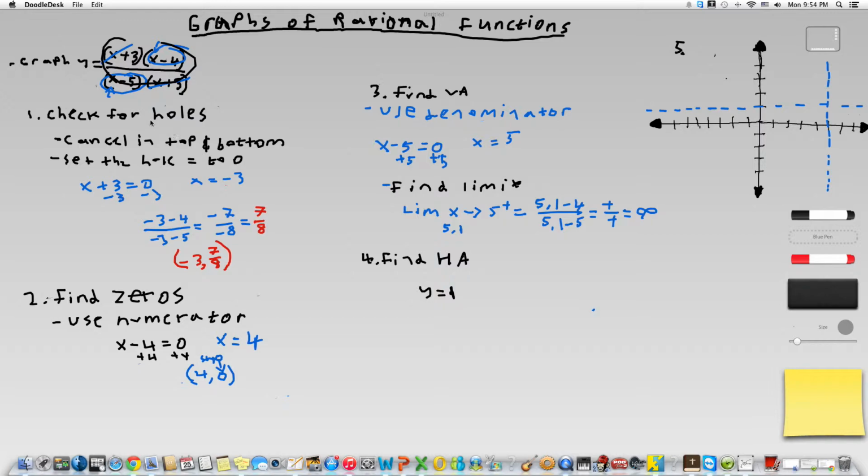Next, we're gonna graph the hole. The hole is at (-3, 7/8). That's about here. And then we're gonna graph the zero, which is (4, 0).